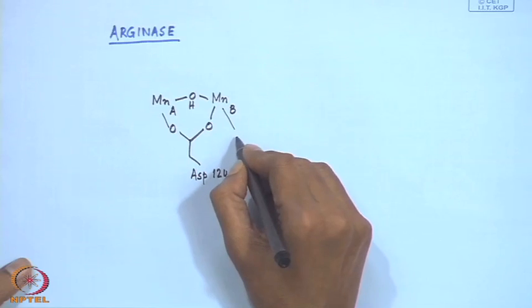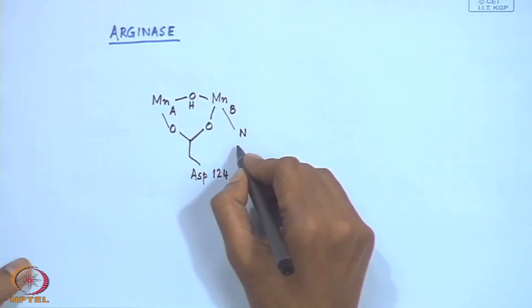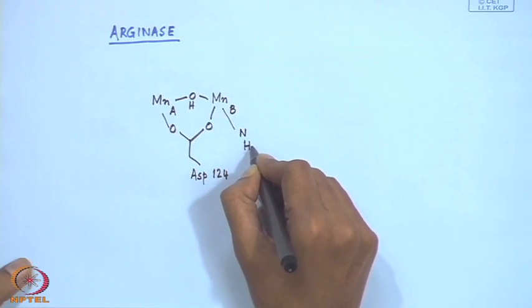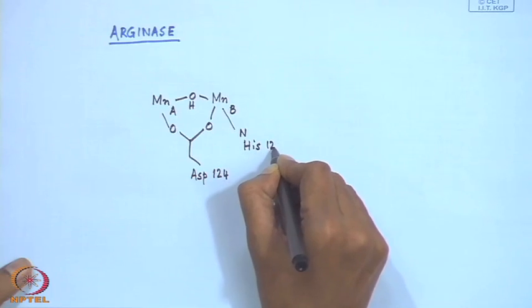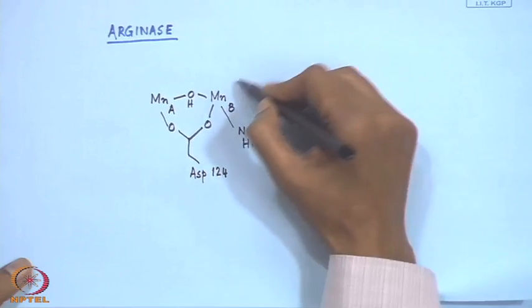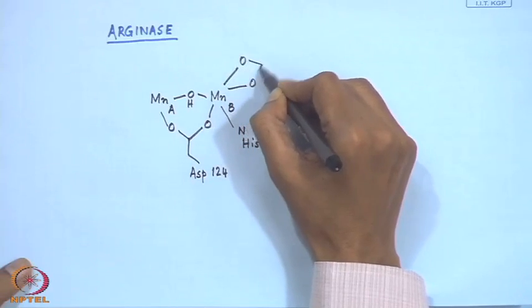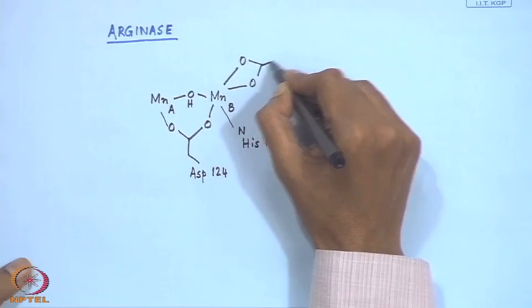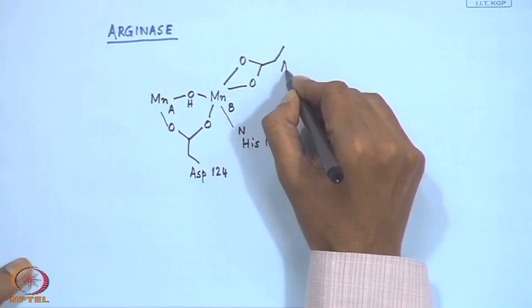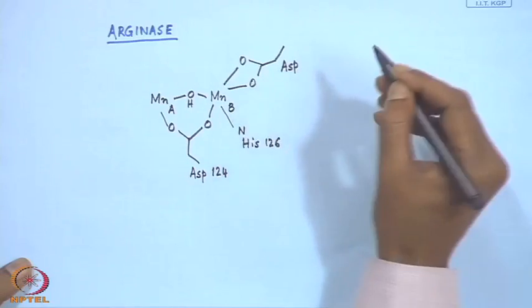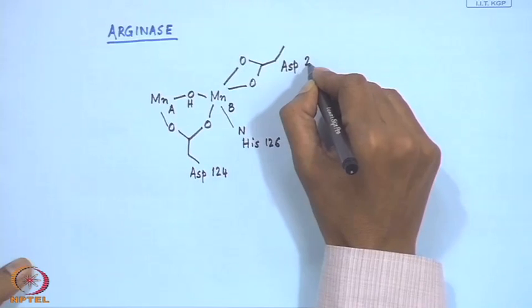This is similar to that catalase, this is nitrogen from histidine 126. Instead of glutamate residues there, we have now aspartate.